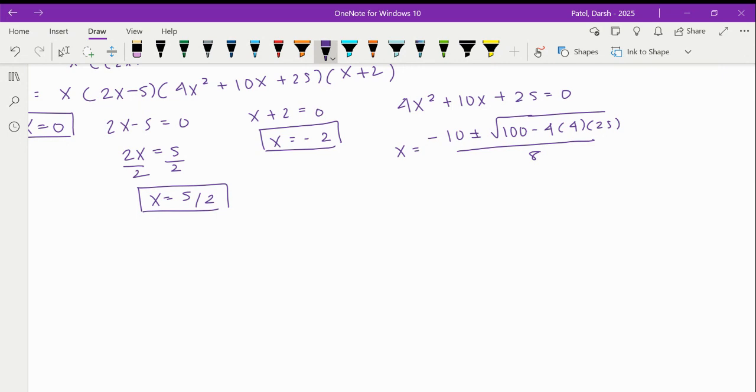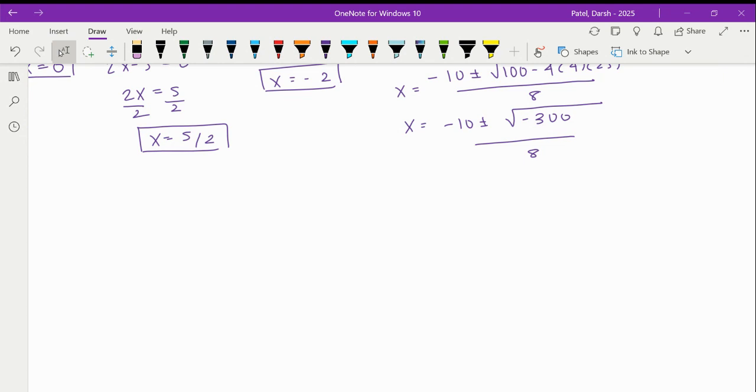And obviously x equals negative 10 plus minus, simplify everything underneath the radical, 100 minus 400, which is negative 300, over 8. Yeah, x equals negative 10 plus minus, this could be 100 times negative 3. So 100 times radical negative 3 over 8.